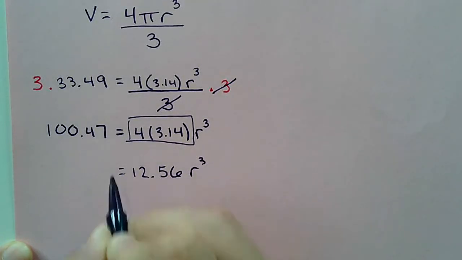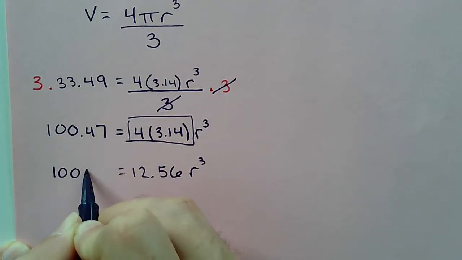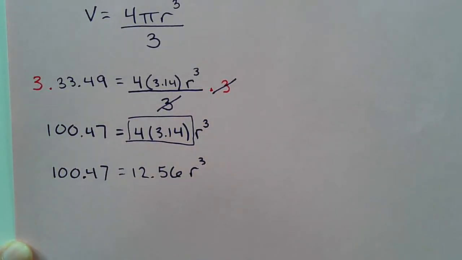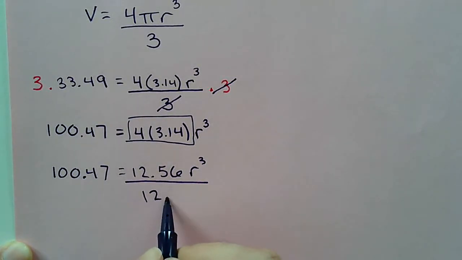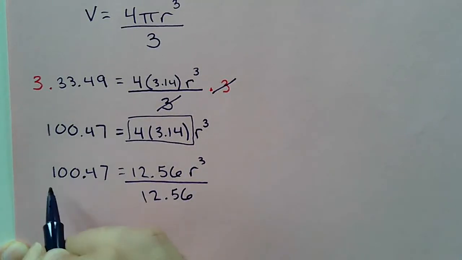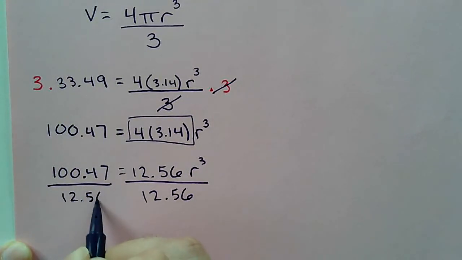I still have my r cubed. Divide by 12.56, and I end up with 100.47 divided by 12.56.